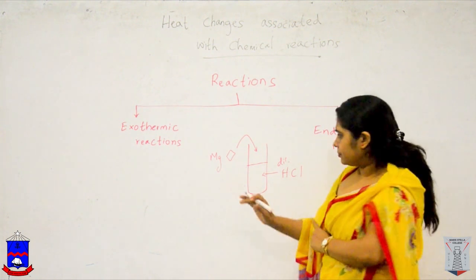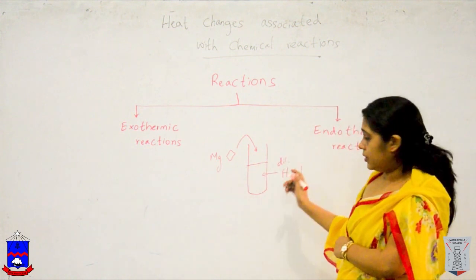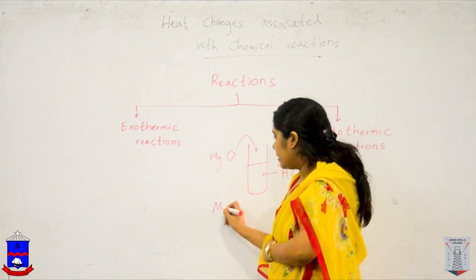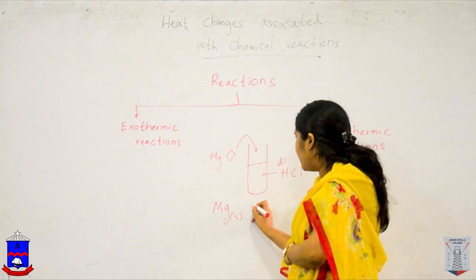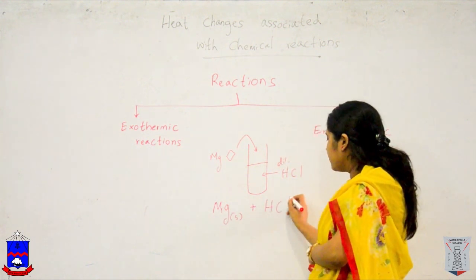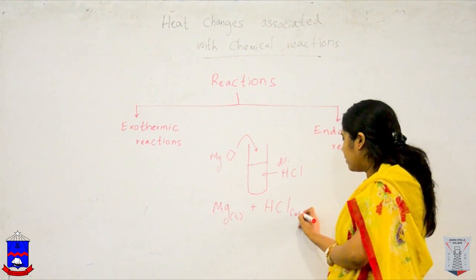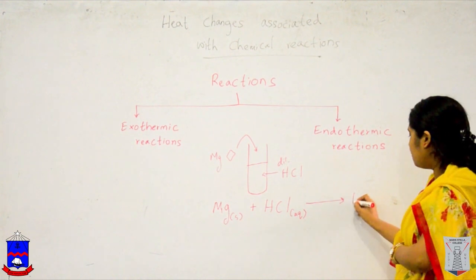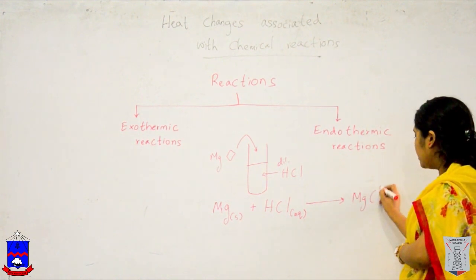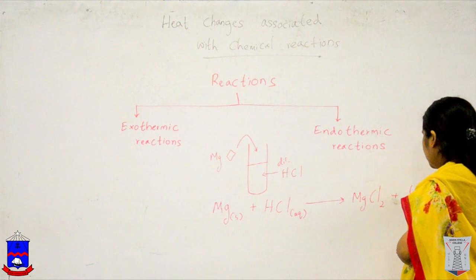So if I write this reaction, you have already learned how to write reactions. Magnesium solid plus HCl equals magnesium chloride and hydrogen gas.